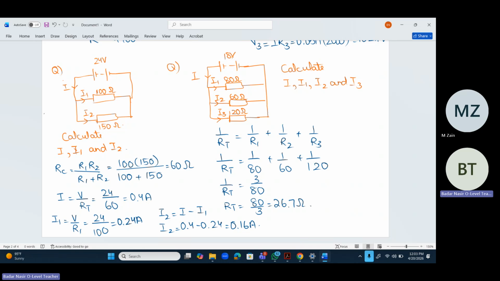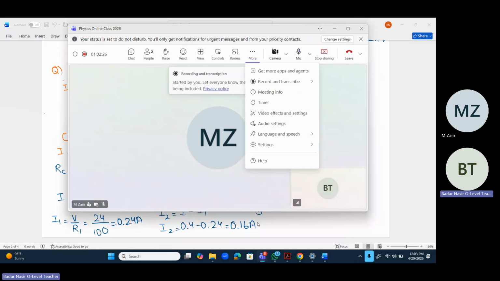You'll find I1 is 18 divided by 80, I2 is 18 over 60, I3 is 18 over 20. So this is how we solve a parallel circuit. Please complete this question. The remaining concepts in DC circuits we'll complete in the next class, inshallah.